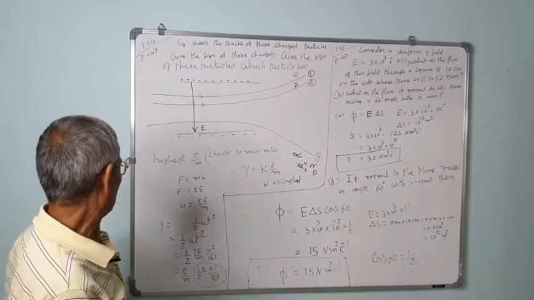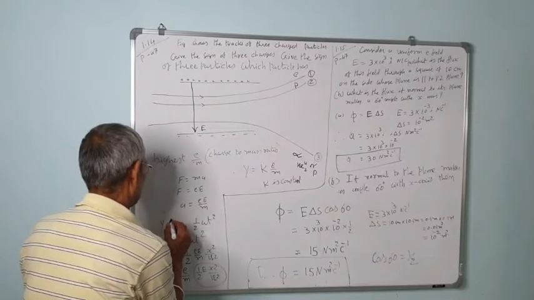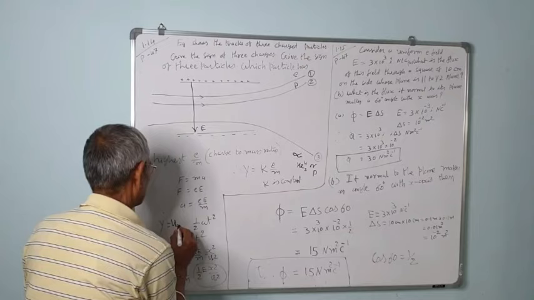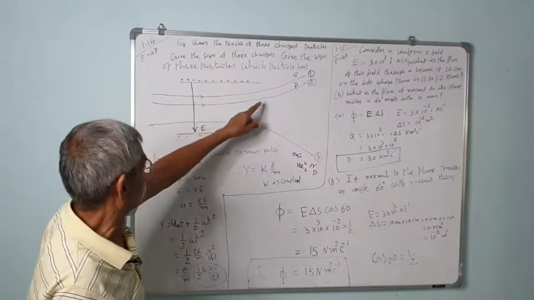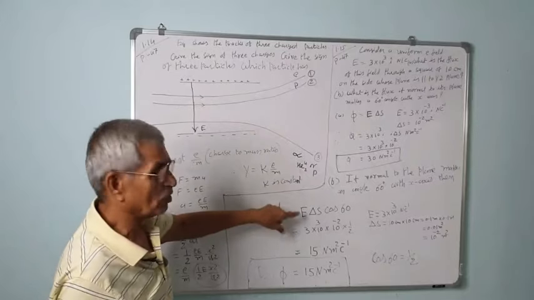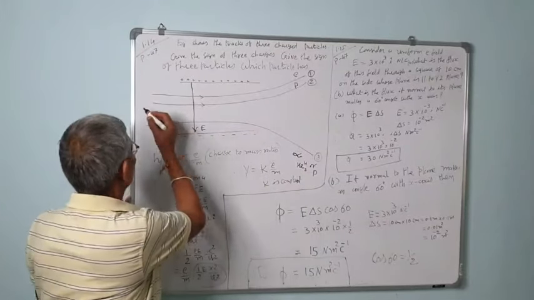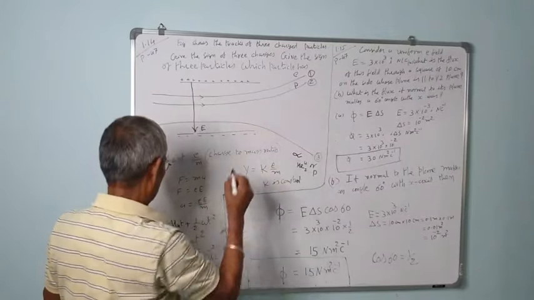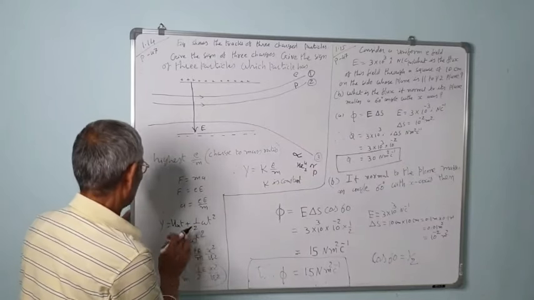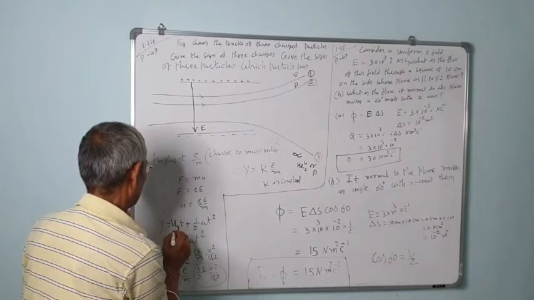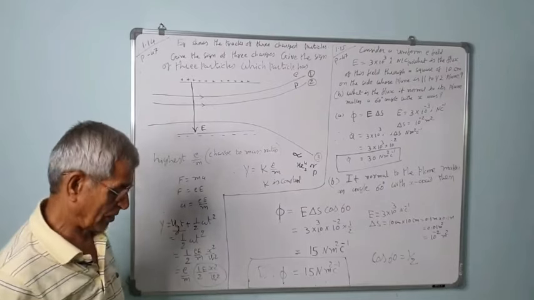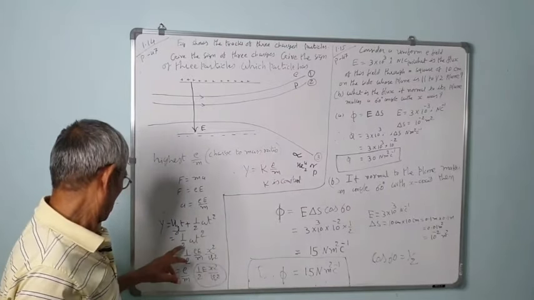The deflection y is equal to u t plus half a t square. Now, u_y t, there is no component of the velocity along the y. Initial velocity is along the x, so it has no component along the y. So u_y we can take as 0, correct.